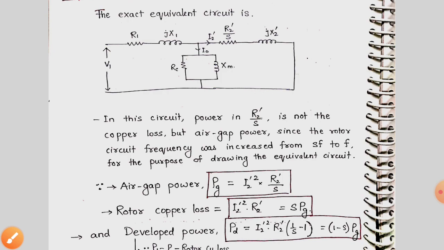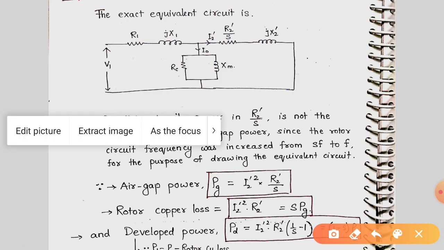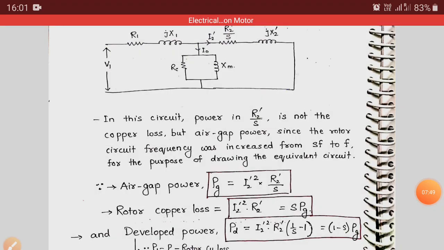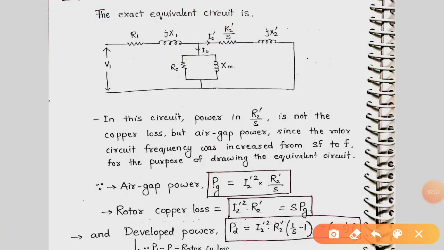So here air gap power Pg is equal to I2 dash square into R2 dash upon S, and from this we can get rotor copper loss as I2 dash square into R2 dash, which is nothing but slip times of air gap power.